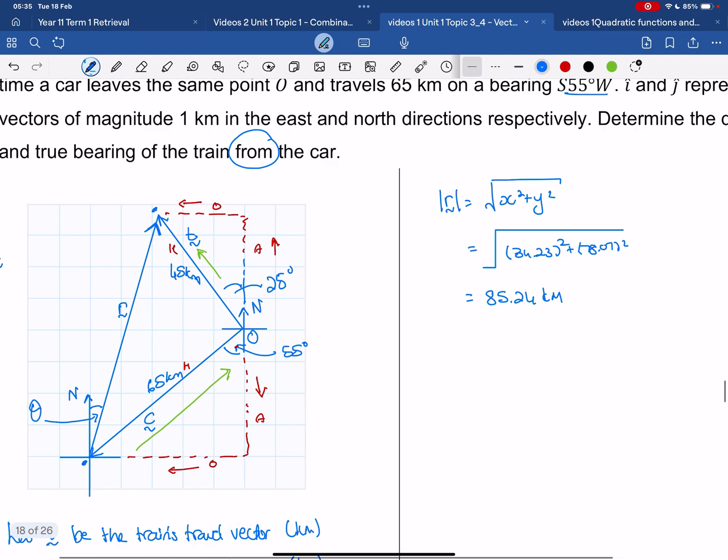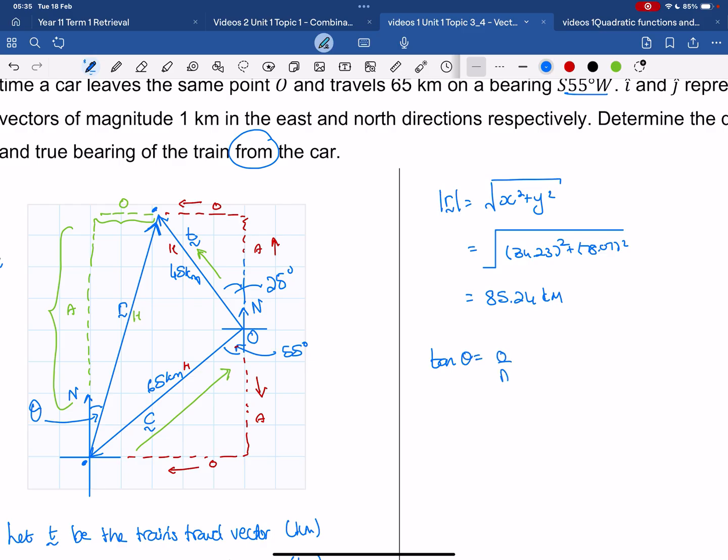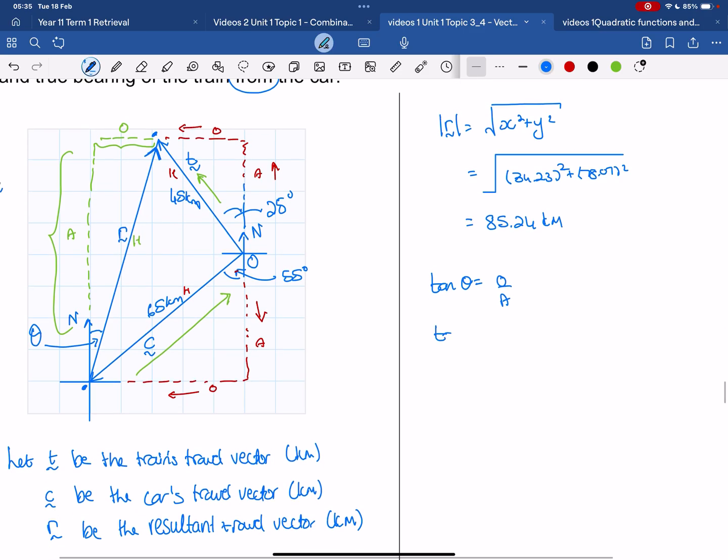To find our angle or our bearing, we can create a right angle triangle for our resultant vector. To get that theta, we've got an O, H, and an A. So our tan of our angle is going to be our I component over our J component. So tan of theta is opposite over adjacent.